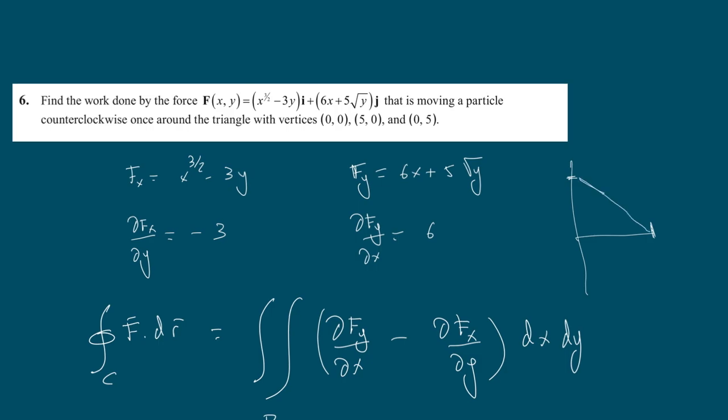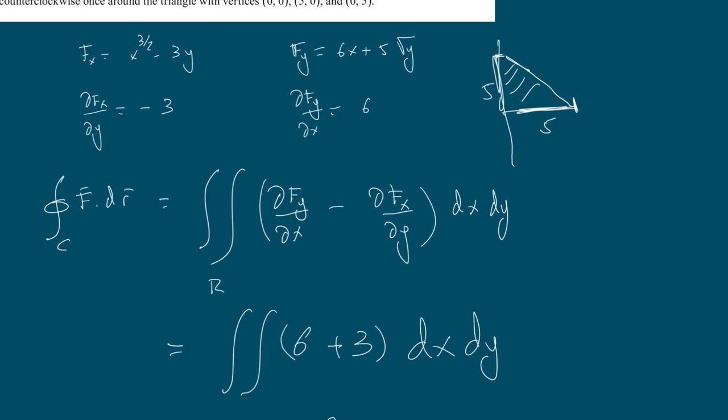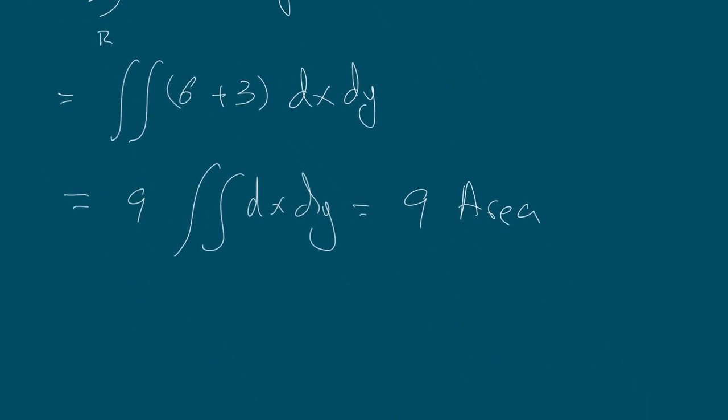This is the triangle, and the area of this triangle, with this side 5 and this side 5, is 1/2 base times height, 25 divided by 2. So it's 9 times 25 divided by 2, and the problem is solved.